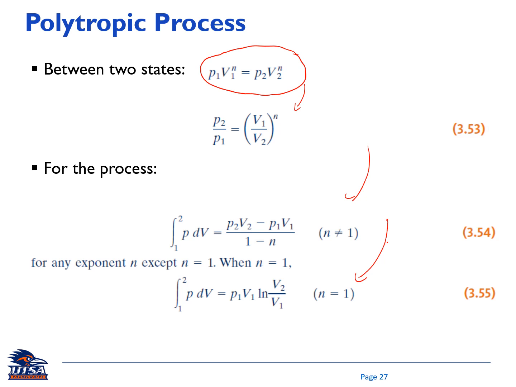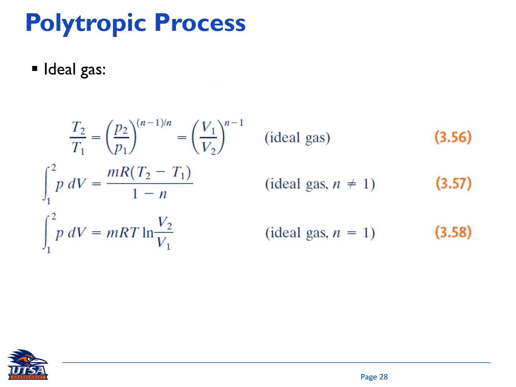This is just a review. Equation 3.54 is for when n is not equal to 1, and for n equal to 1 you have equation 3.55. You don't need to memorize these, but you do need to understand when, where, and how to use this formula. For ideal gas, you have an additional equation, 3.56.